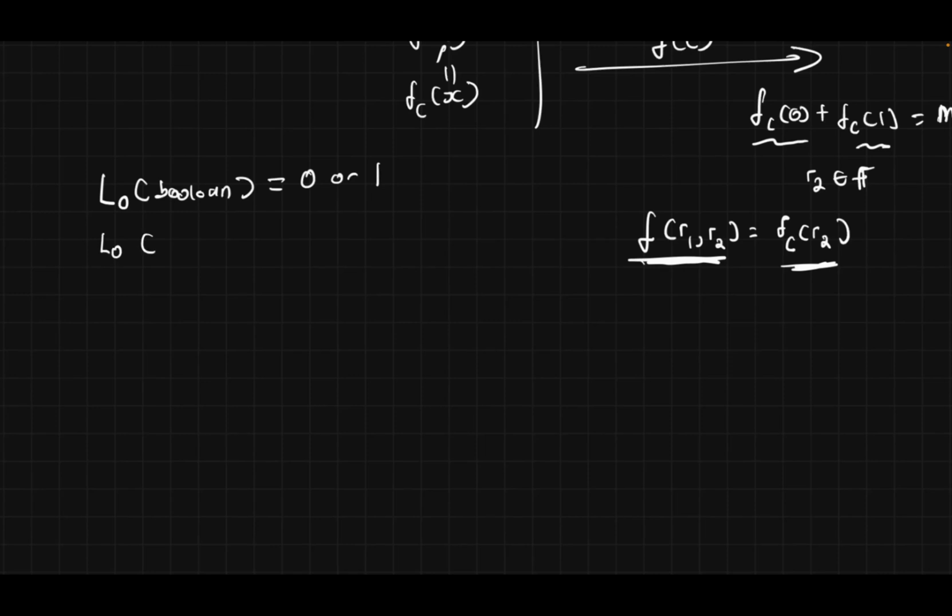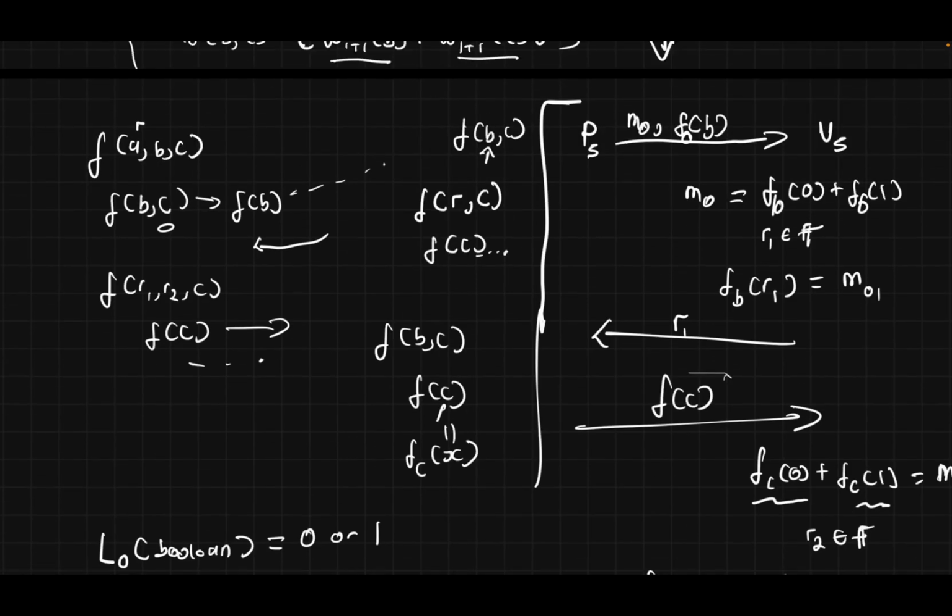But when you evaluate them at a field element, the result can now be any field element itself. So that behavior, the add and mul, the fact that it only gives you 0 or 1, only exists when you are working with bools. But when you start working with field elements, it can give you any value from the field.